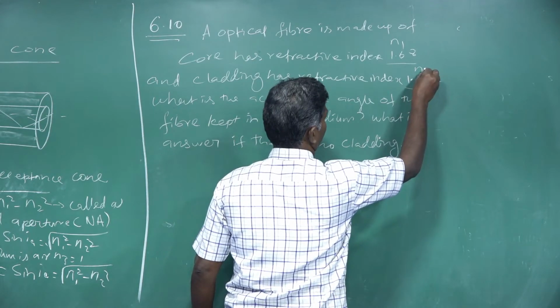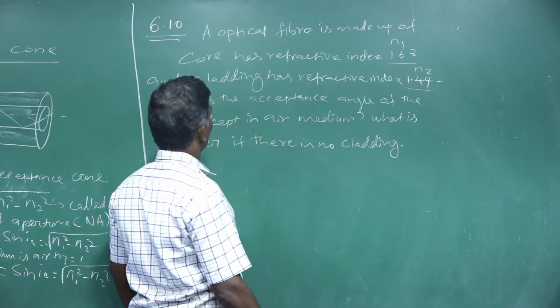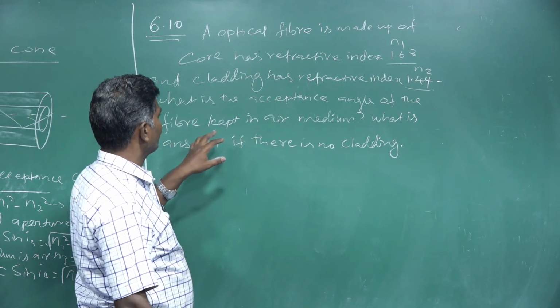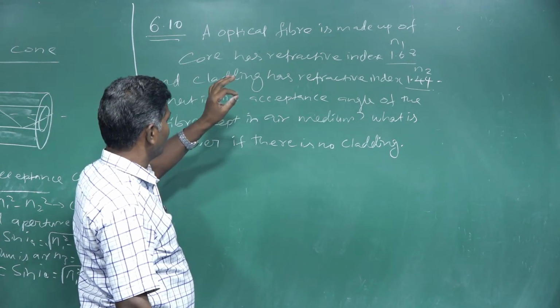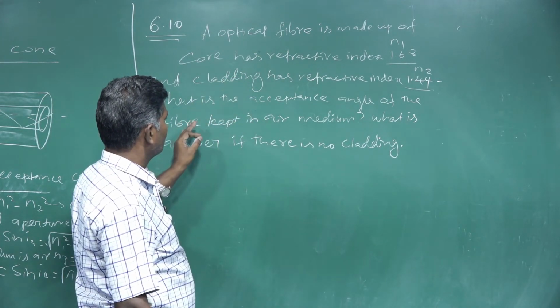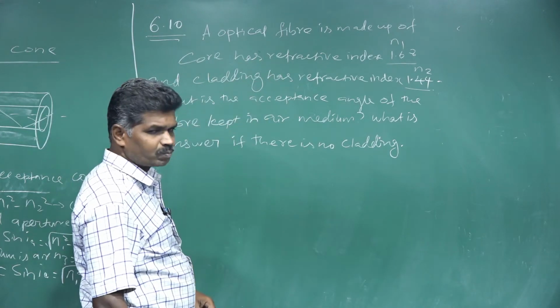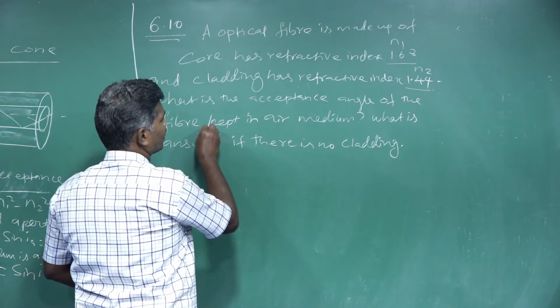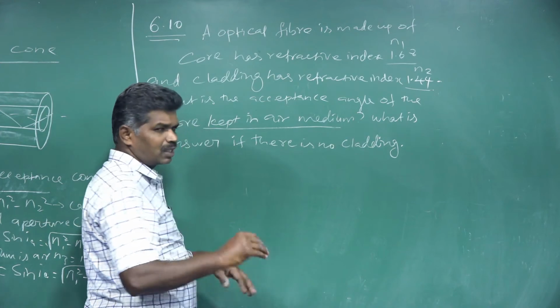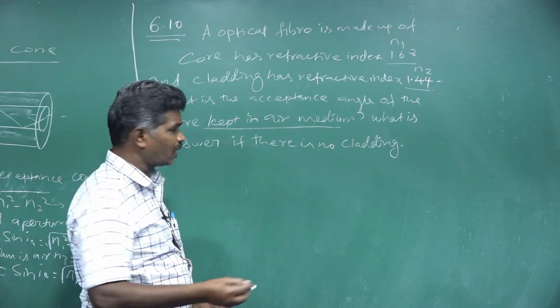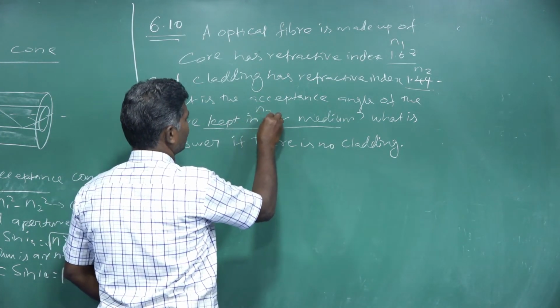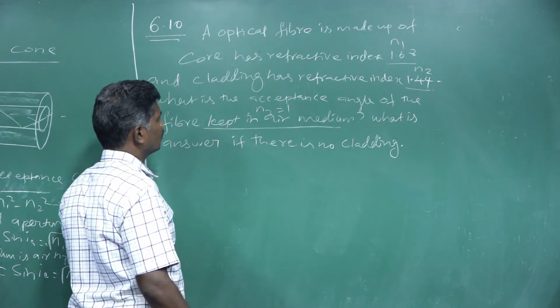This can be taken as n2. And what they are asking is, what is the acceptance angle of the fiber when it is kept in an air medium. If the outer medium is air, then its refractive index n3 is equal to 1.